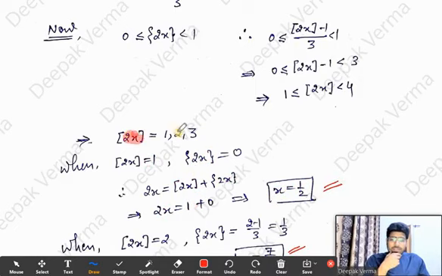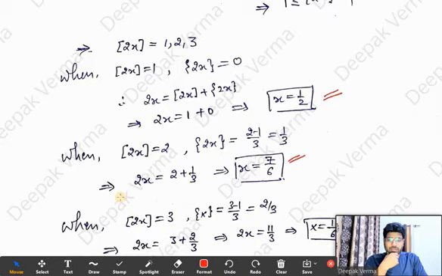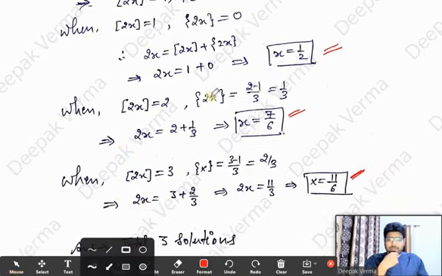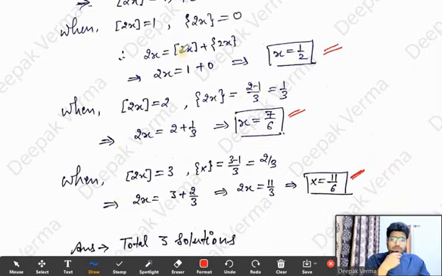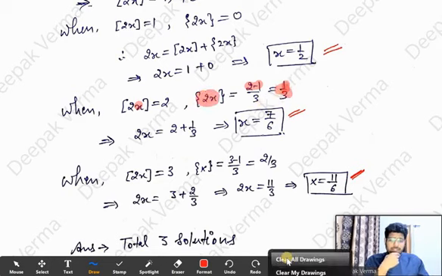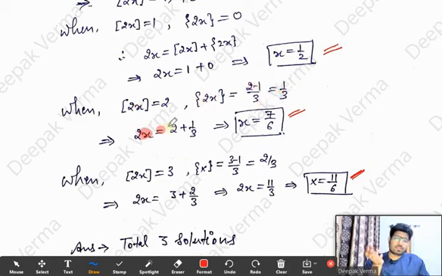Similarly, when box 2x is equal to 2, put the value of box 2x here: 2 minus 1, that is 1 over 3. Then we get fractional part of 2x equals 1 by 3. Now we write 2x equals integral part plus fractional part.